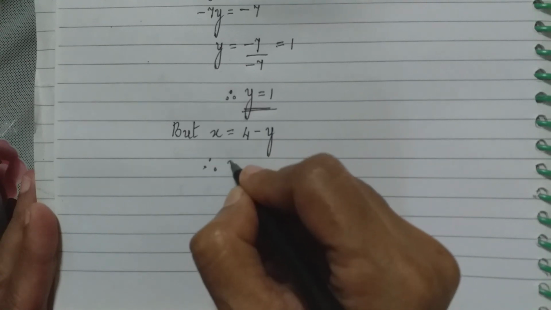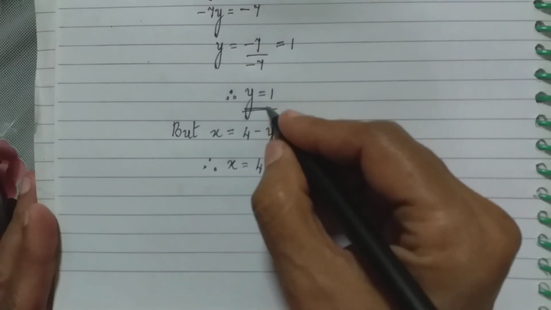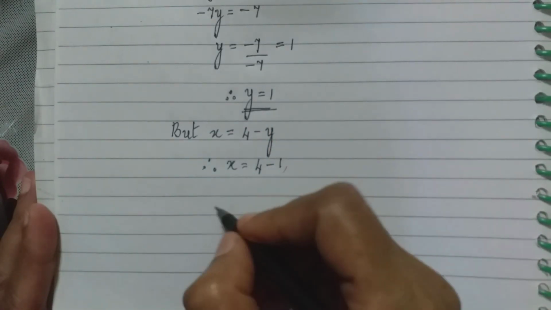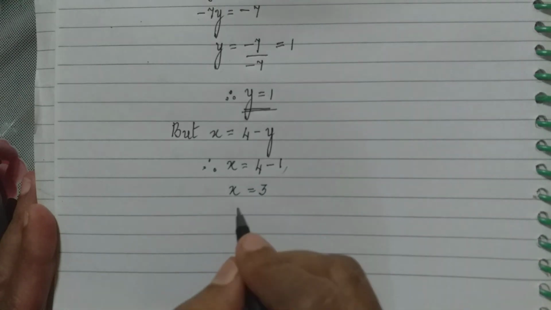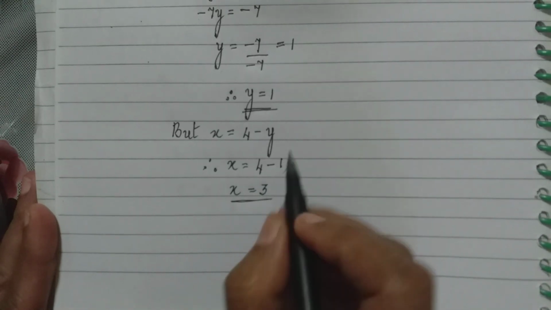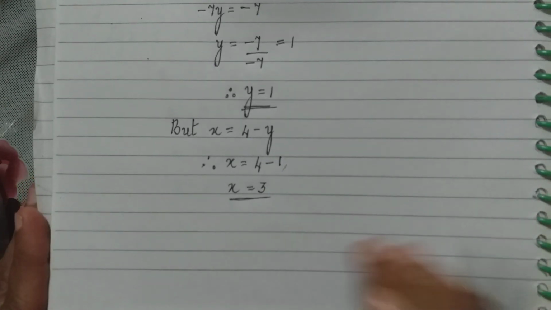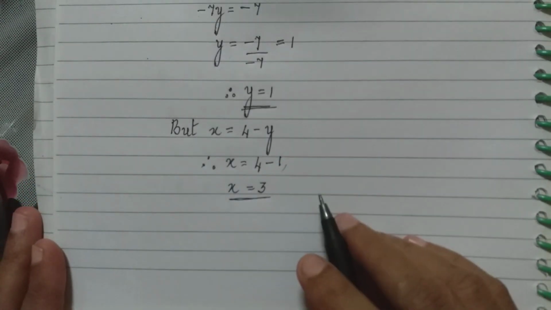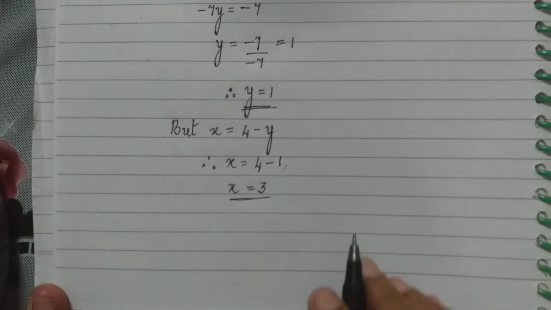Therefore, x is equal to 4 minus, in place of y now I will write 1. Therefore, x is equal to 3. So, now I have got the value of y as 1, x as 3. So, once we get the values of x and y, then I can write the solution.